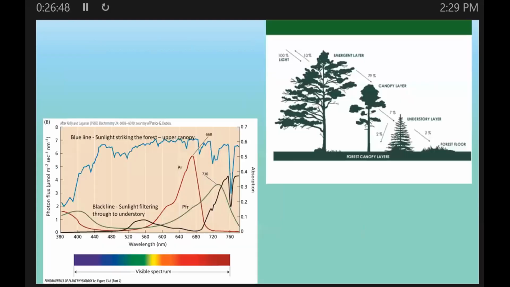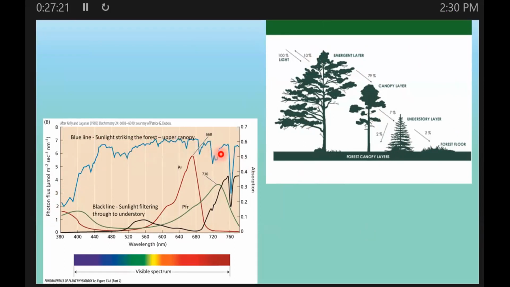However, if you think about a forested ecosystem, so that top right image is trying to get you to think about, okay, if you have the canopy story of plants, which are the tallest, and then you have your understory, and you can have several layers of understory plants. So what happens is this blue line over on the left graph is showing you when the upper canopy gets hit with light, they're getting hit with a lot of quality of light.